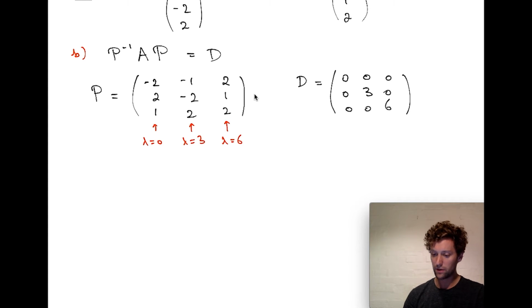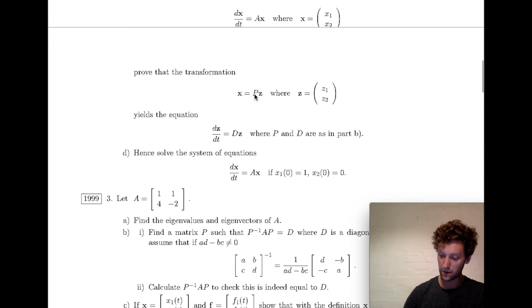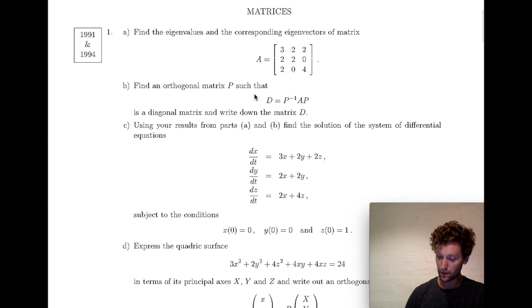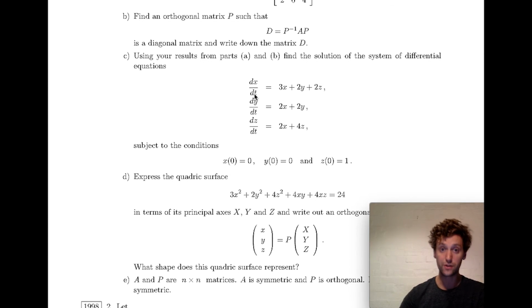Okay, so let's take a look at part C. Now we're going to actually apply the results from parts A and B to solve a system of differential equations. So in this case, we're told dx/dt, dy/dt, dz/dt form some system here.